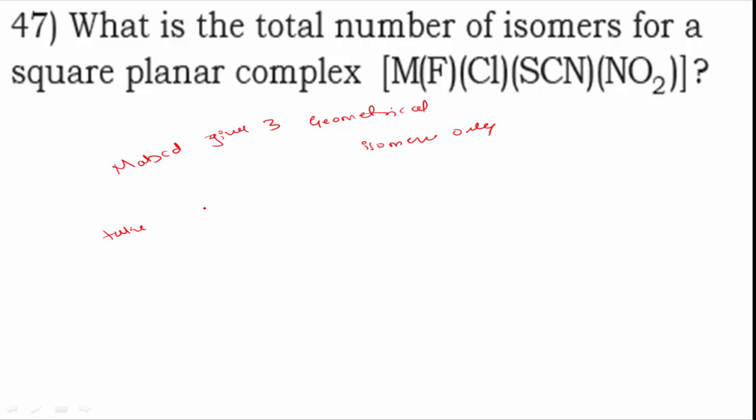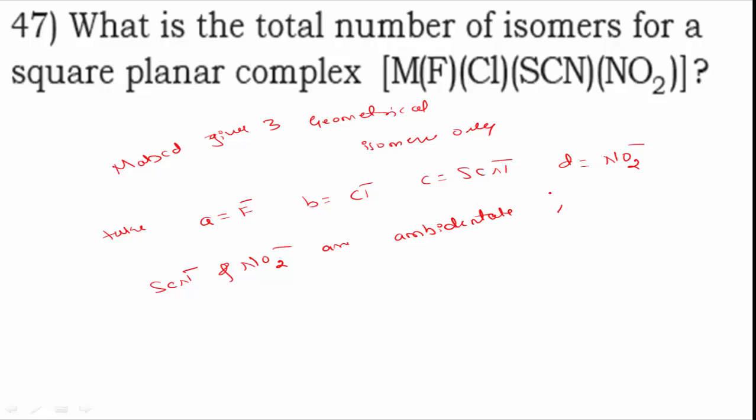Take A equal to F minus, B equal to Cl minus, C equal to SCN minus, and D equal to NO2 minus. And we know SCN minus and NO2 minus are ambidentate ligands, and they also show linkage isomerism.